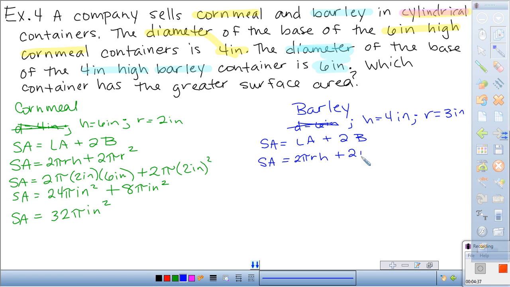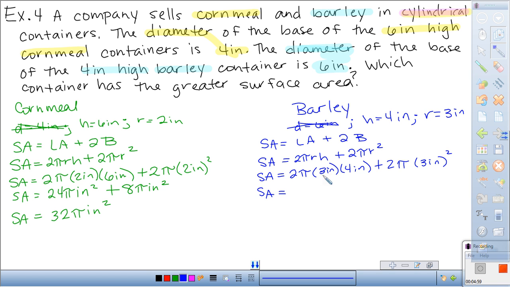The base is a circle, so it's pi r squared. And then plug in my numbers. Surface area equals 2 pi times my radius is 3 inches times my height, 4 inches, plus 2 pi times my radius, again, is 3 inches squared. And then I'll just simplify.